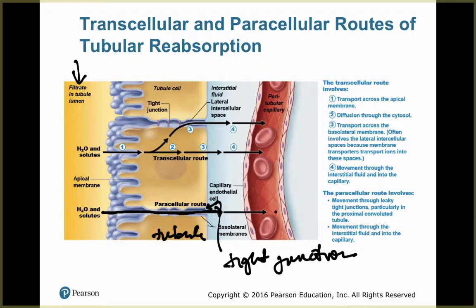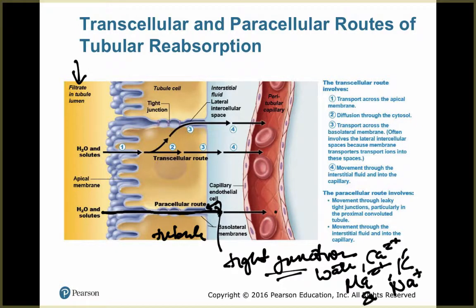These are limited by tight junctions, but they can be a little bit leaky in the proximal nephron. So what you find here is things like water, calcium, magnesium, potassium, and some sodium, right? So that is the paracellular route, and that's pretty straightforward.